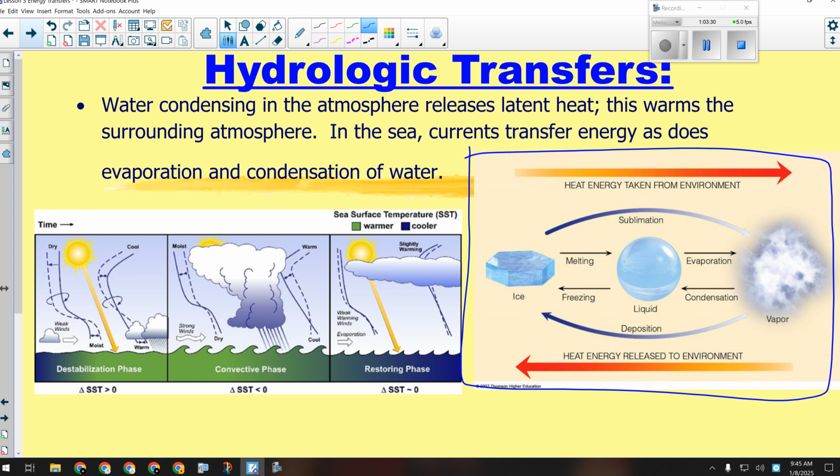That is what we call latent heat. Latent heat is thermal energy you can't feel, but is present. Water vapor has lots and lots of latent heat, but it doesn't feel hot necessarily. But when it condenses, it's going to release all of that latent heat back into the environment it condensed in.